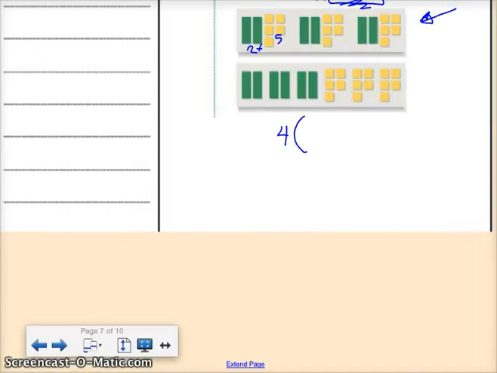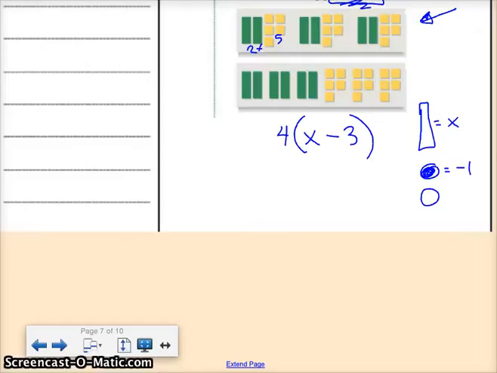4 times x minus 3. You make a key. So I'm going to make a long rectangle be the x. And I'm going to make my circle be -1 and an uncolored circle is 1. There's my little key.